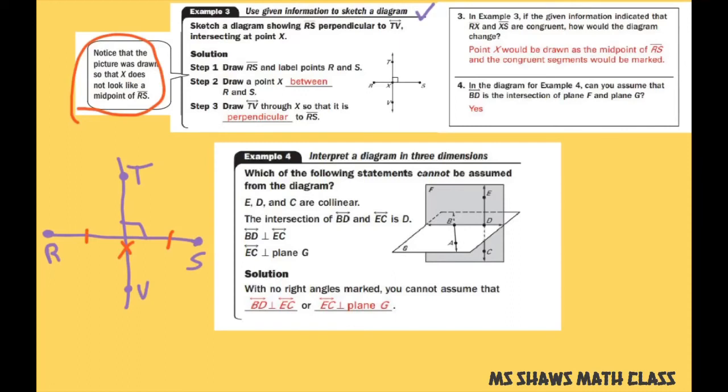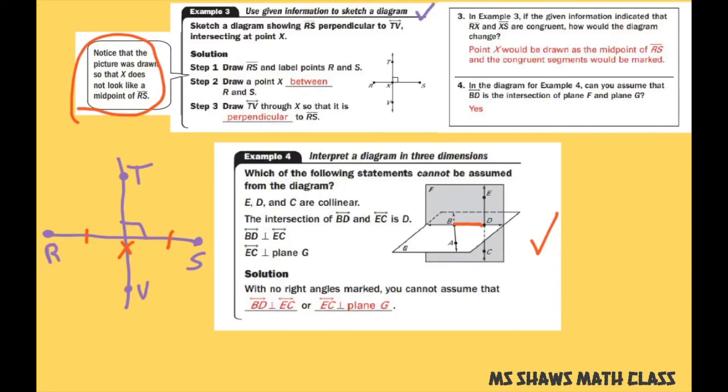And then it says in the diagram, for example 4, and we already looked at that one, can you assume that BD is the intersection of plane F and plane G?